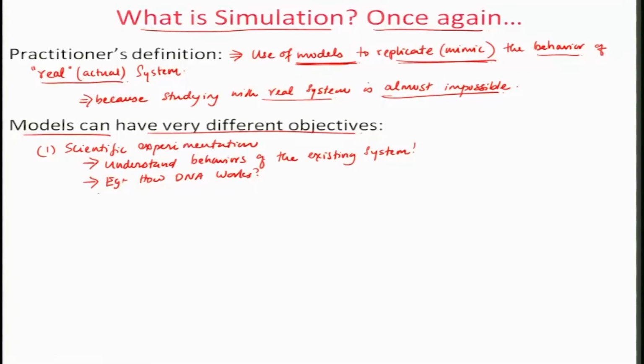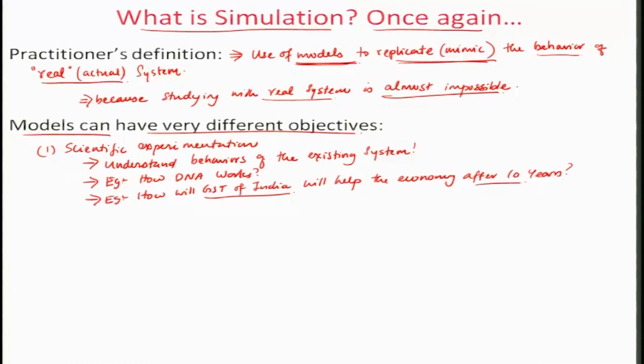So, you might want to build a model of it and do the scientific experimentation on that. The second example would be how GST, goods and service tax, of India will help the economy after 10 years. You can actually study this with the real system, but it requires you to wait for 10 more long years, which you do not have.